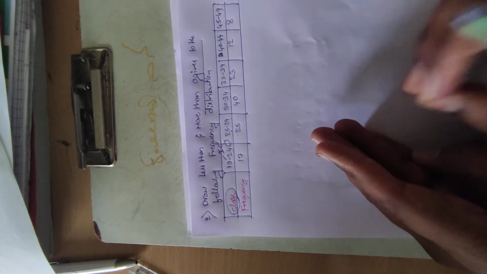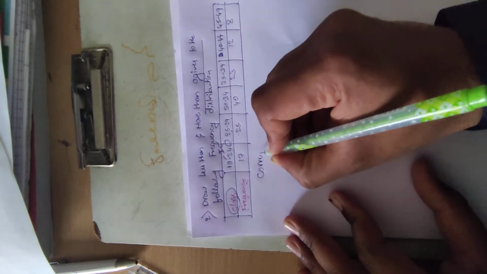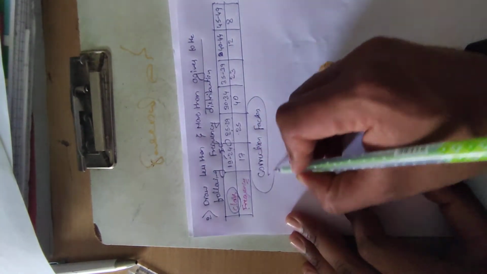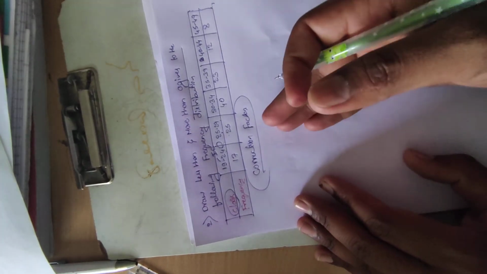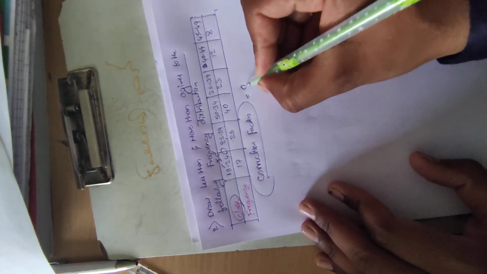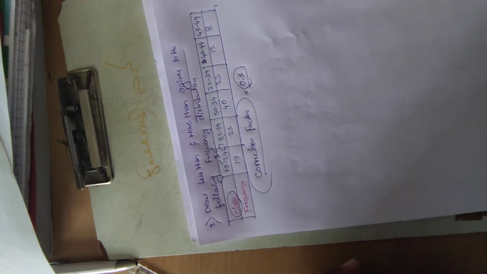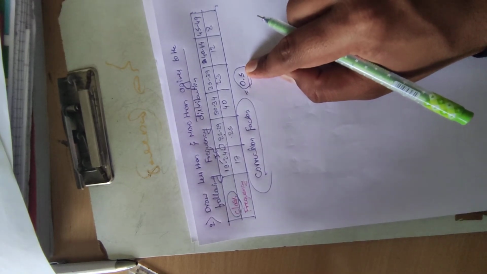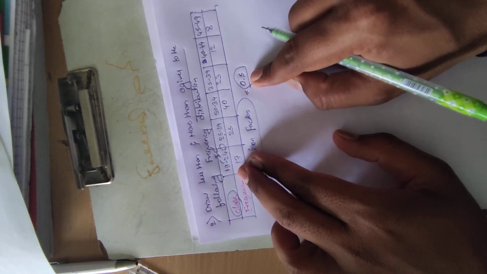And at that time, we should apply the correction factor. We already know how to apply the correction factor. There is a formula, but in this graphical solution there is no need to write formulas. When we apply the correction factor, we always get the value 0.5.